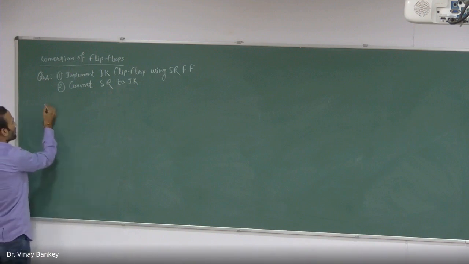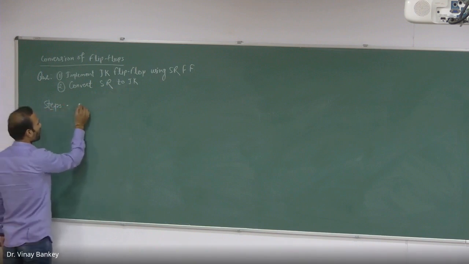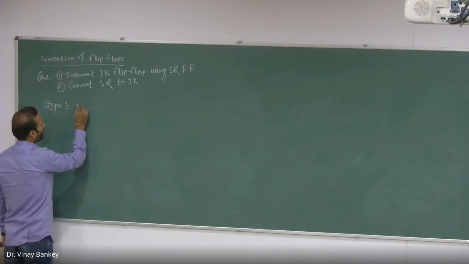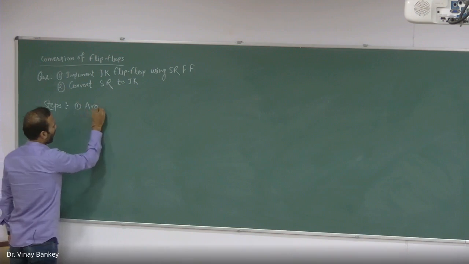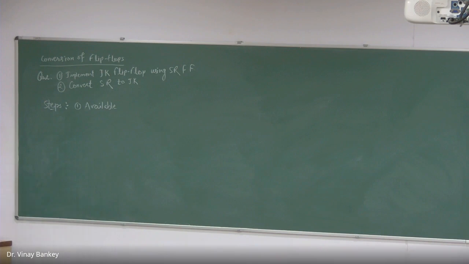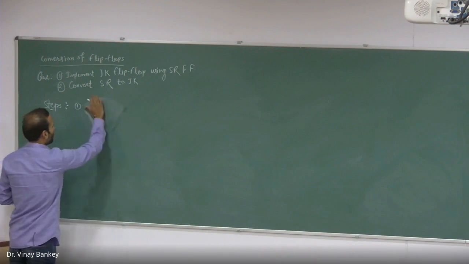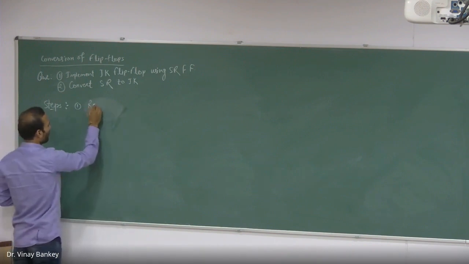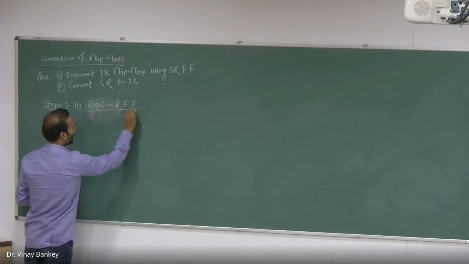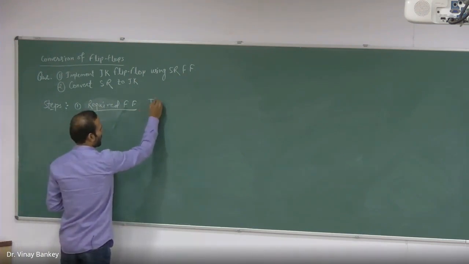So what was the steps or procedure? First we will find out which one is the available flip-flop and which is the required flip-flop. Let me write the required flip-flop first, because we need to write the characteristic table for that. For this case, the required flip-flop is JK.